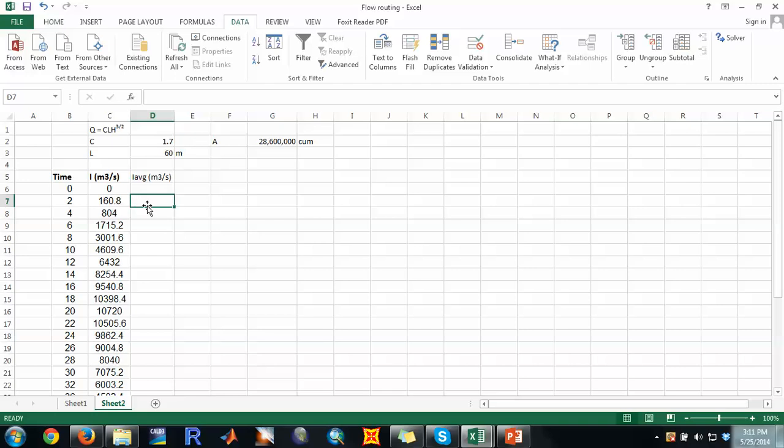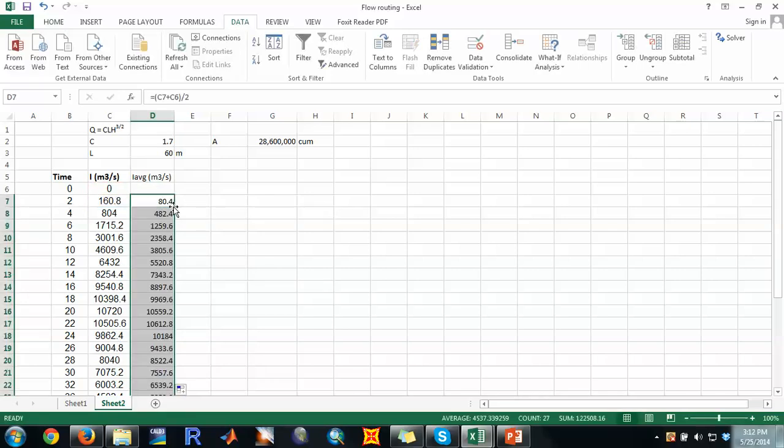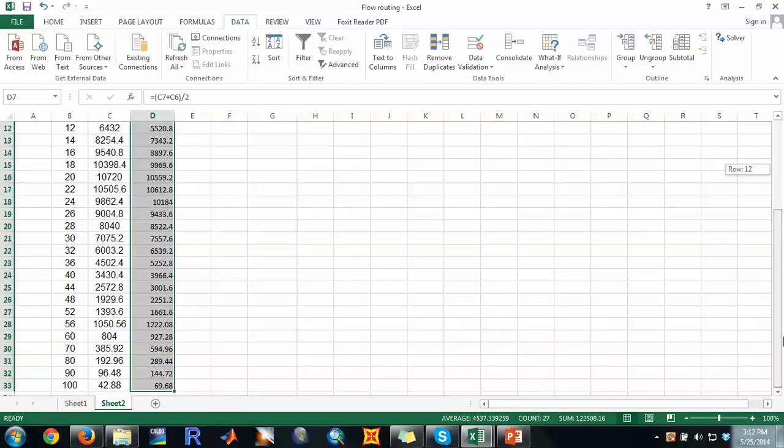At time t equal to 2, the average inflow is the current time inflow plus the preceding time inflow divided by 2, which means (I2 + I1)/2 is the average inflow. You can do that for the whole column up to the end.